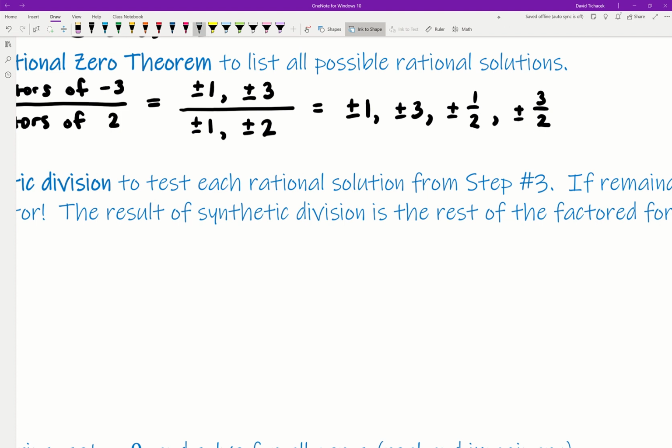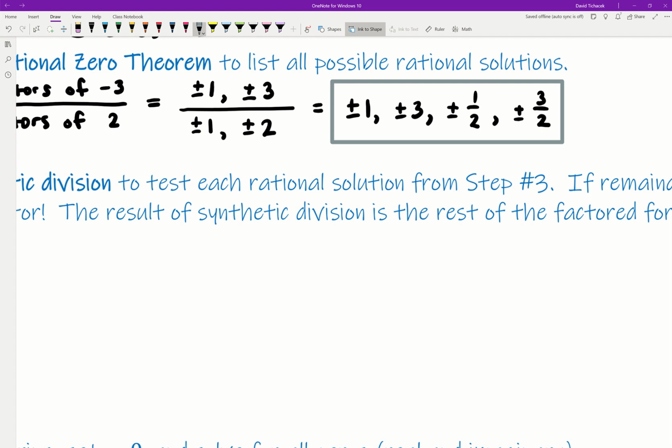And what this does, folks, is create for us a nice pool of applicants to the job that you're hiring for, right? That job being a 0 of the polynomial, okay? If you look carefully, that's actually 8 different applicants applying for your job, because you have the positive version of these 4 numbers, and then also separately the negative versions of these 4 numbers. So that's 8 total, okay?